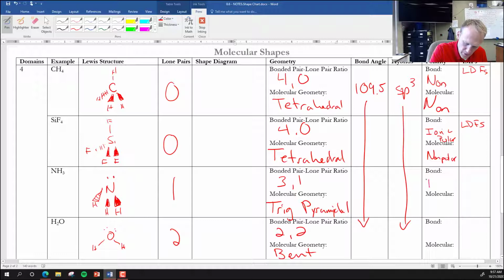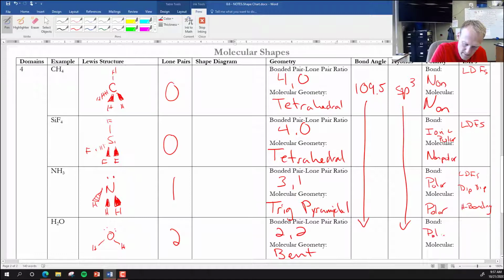NH3, those are polar bonds, and that also is a polar molecule because we can separate the positive hydrogens from the negative nitrogen. That means this would have LDFs, it would have dipole-dipole, and it would also have hydrogen bonding because nitrogen to hydrogen is a bond that's taking place.